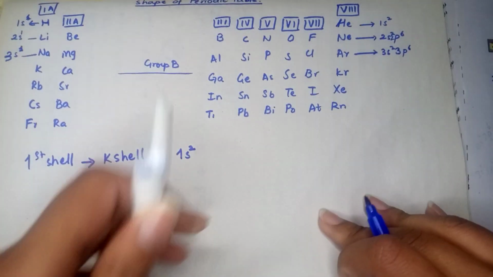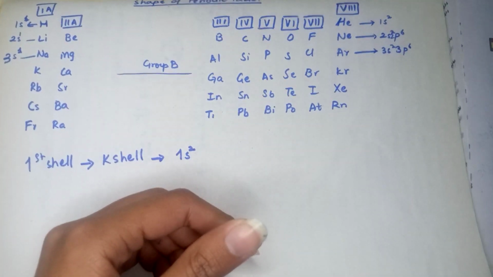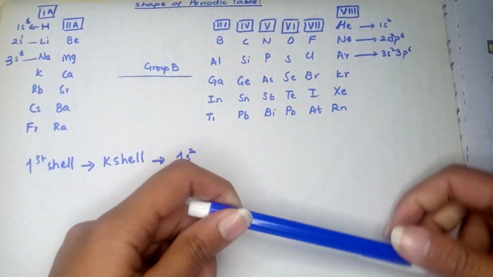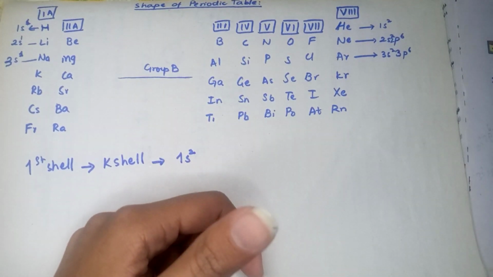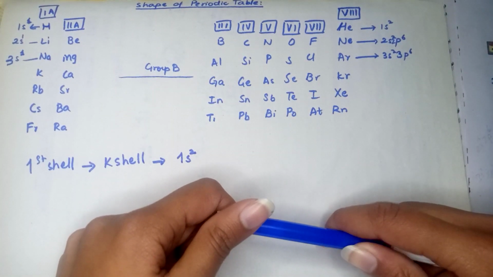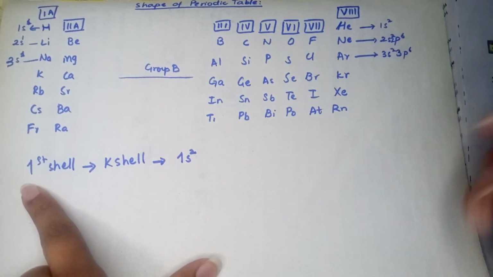If you haven't watched my previous video on electronic configuration, you can watch it so that you get the concepts and it is easier to understand this. Okay, let's get started.